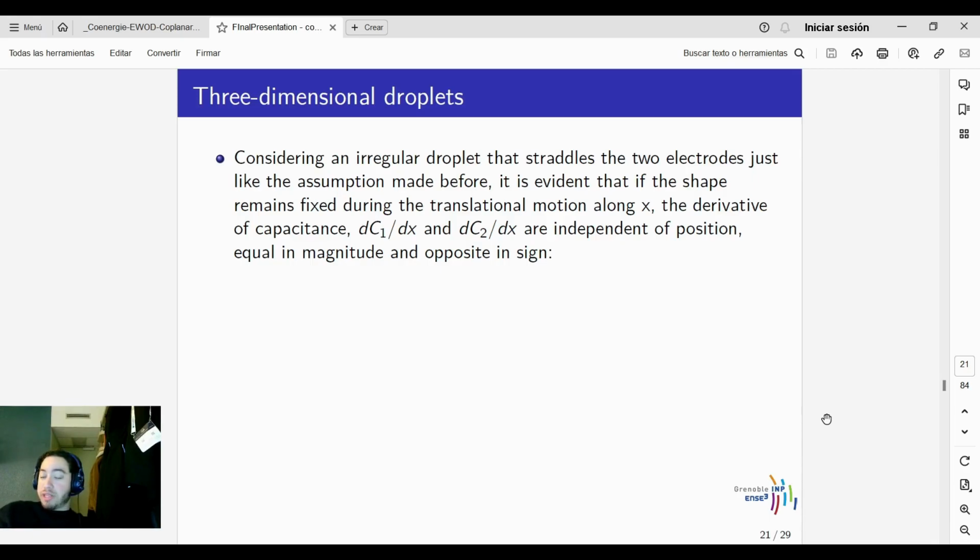So in this case, the derivative of the capacitance, dC/dx, on the left hand side and on the right hand side will be independent of the position. They will be equal in magnitude but opposite in sign, since it will be in the opposite direction for the left part. So we can consider dC/dx in the next equation.